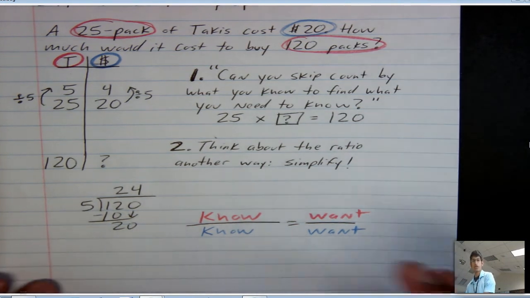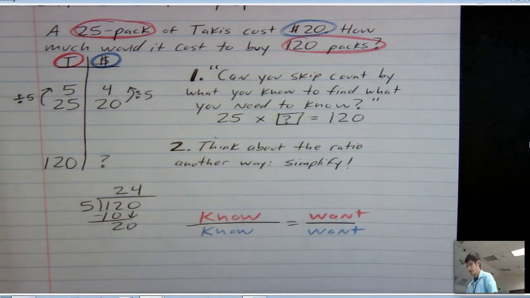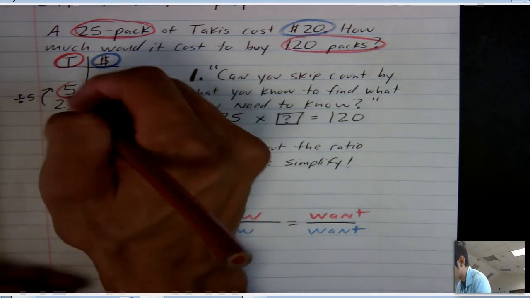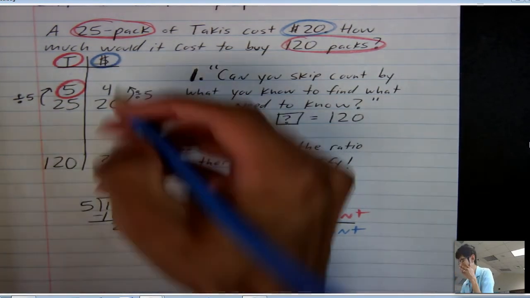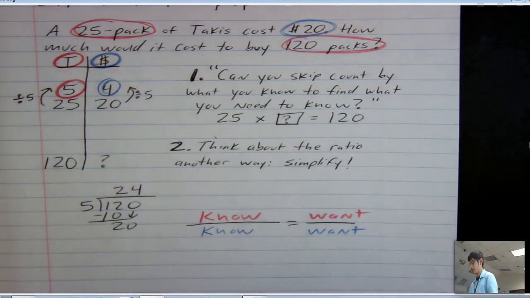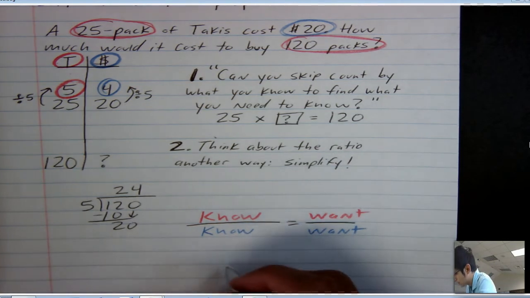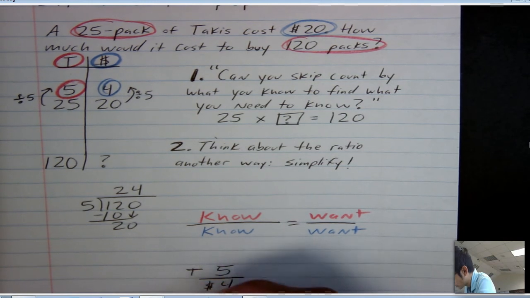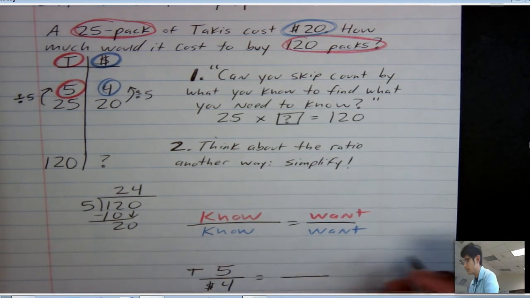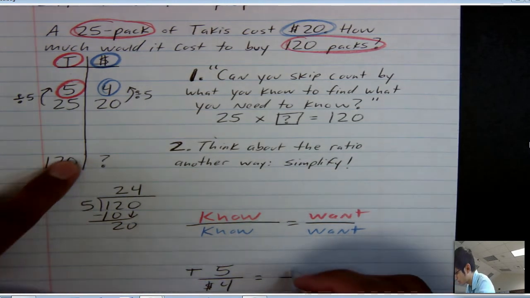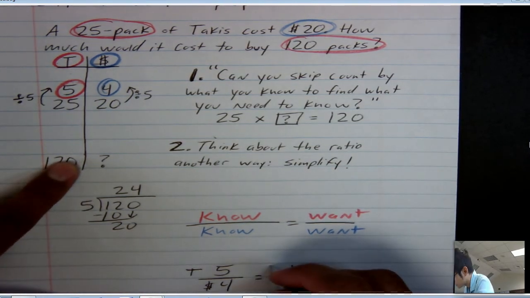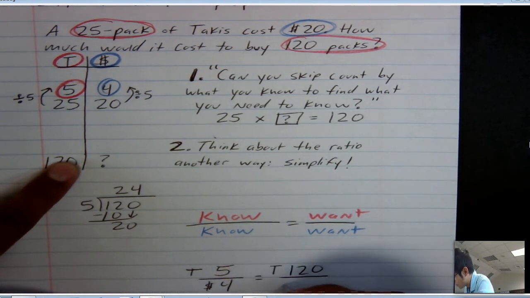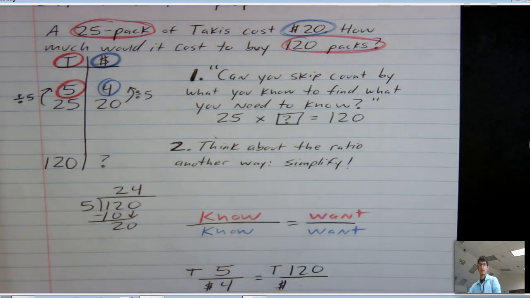Looking at my proportion, what I know is that 5 Takis cost $4. So I'm going to write 5 Takis over $4. What I want to know is how much 120 Takis would cost, how much money that's going to cost.